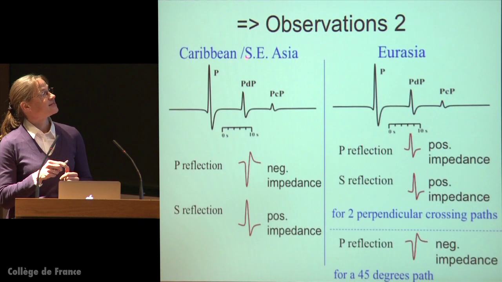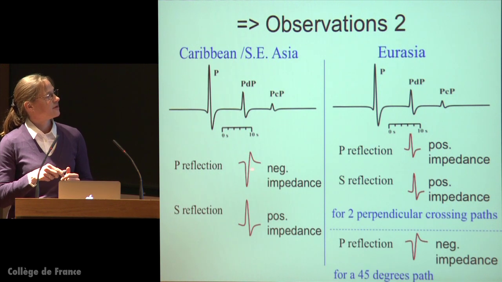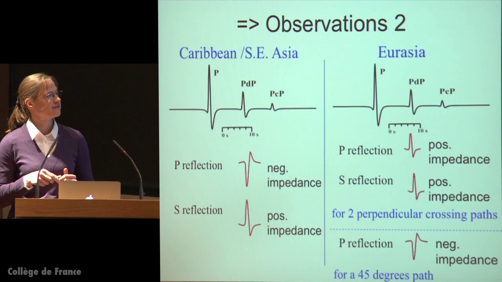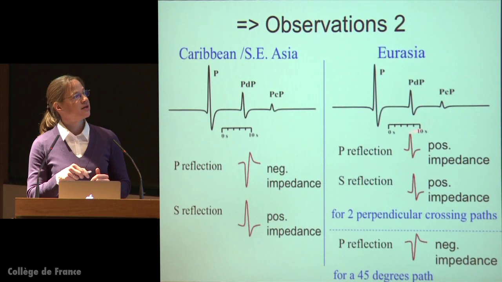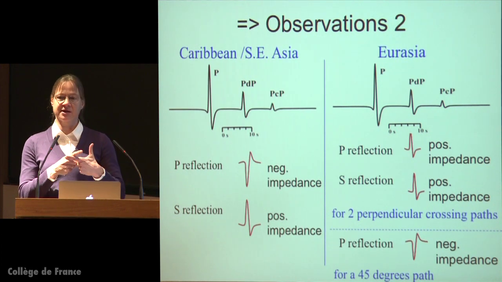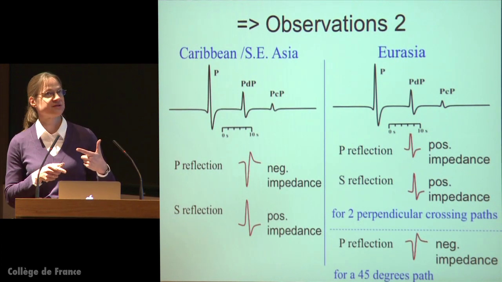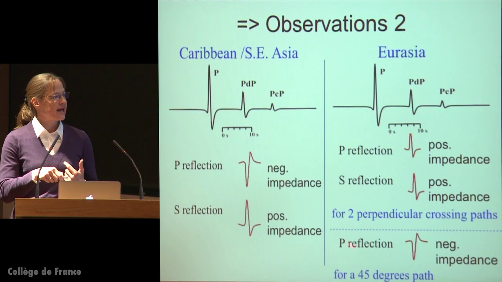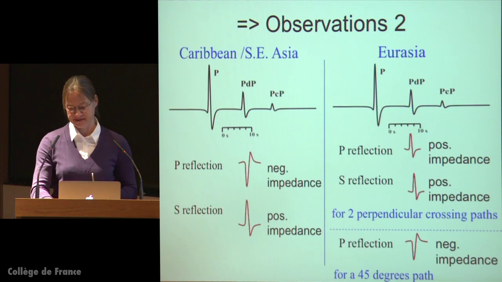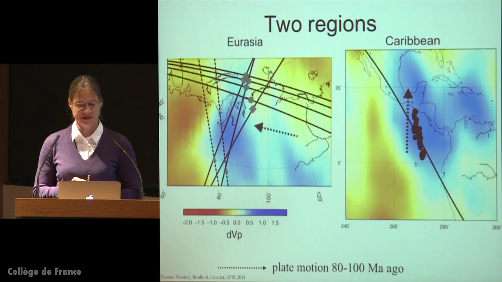In Caribbean and Southeast Asia, you have that kind of scenario, negative P wave impedance contrast and positive S wave impedance contrast. In Eurasia, you have positive impedance for P and S for two perpendicular paths, north-south and east-west. And for a 45-degree path, you have a negative P wave impedance, or velocity increase.